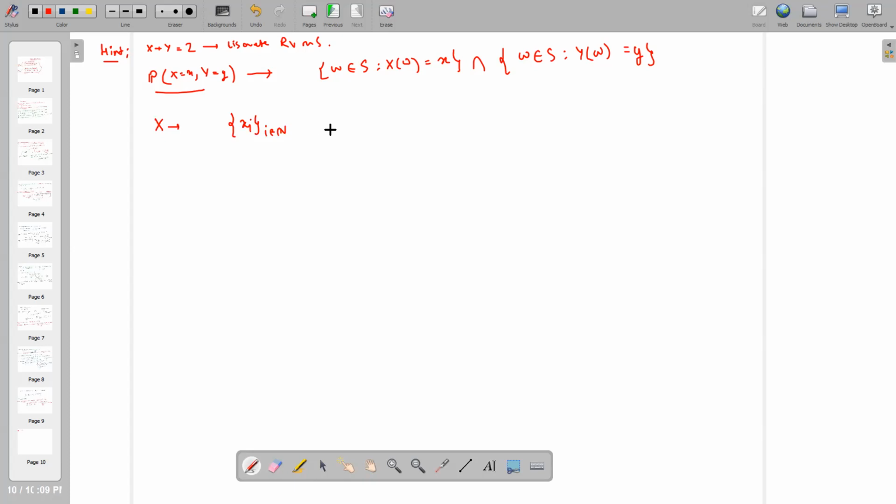Y takes a sequence of values, say yi. Now we have defined Z also. So say Z takes on the values this.